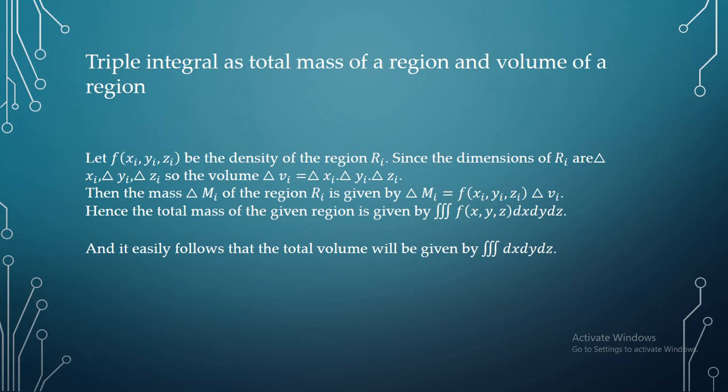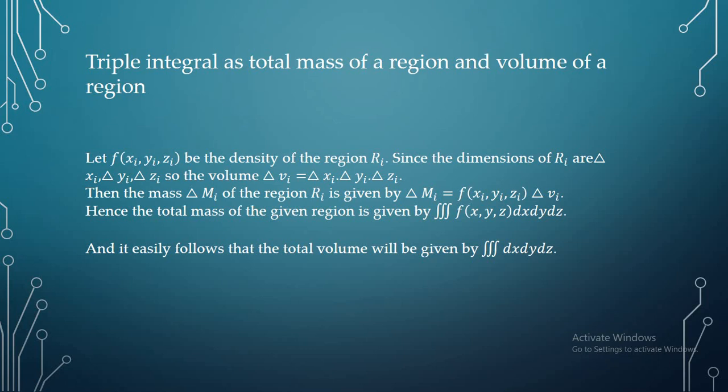You can consider this to be a cuboid also, since it's not necessary that delta x, delta y and delta z are equal. In general, the volume of this cuboid is delta xi into delta yi into delta zi. Now what do we mean by mass? Mass is the product of density and volume. Mass is equal to density into volume.